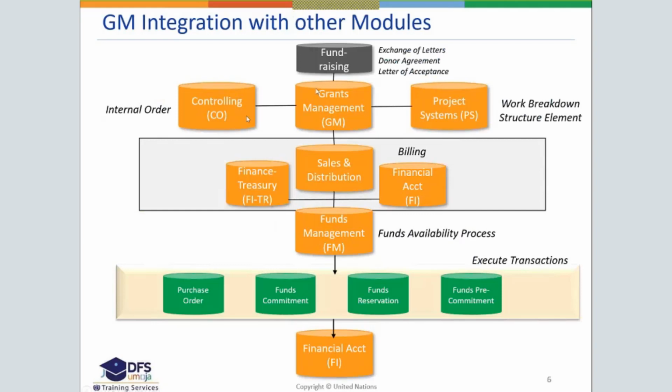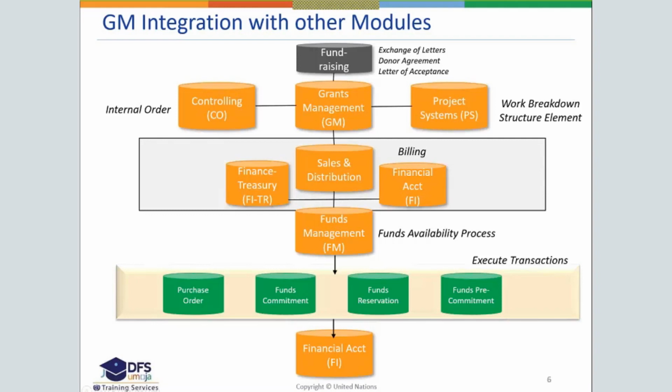It is very related to the controlling module because we have to have internal orders to track revenue and expenditures for our grants in the system. And in some cases, we will have projects involved as well, because the grant can be designated to a project or part of a project, so the project management module is fully integrated with grants as well.